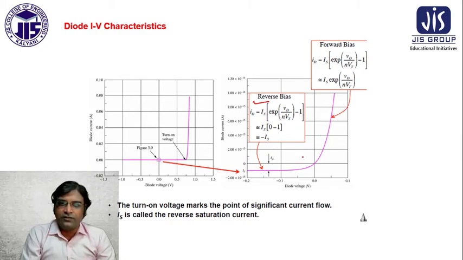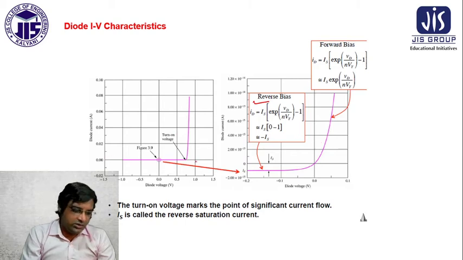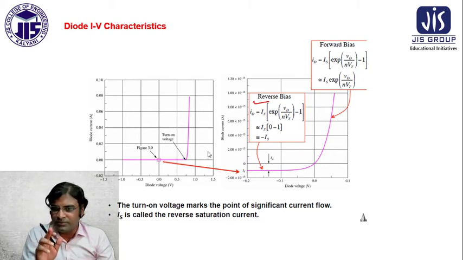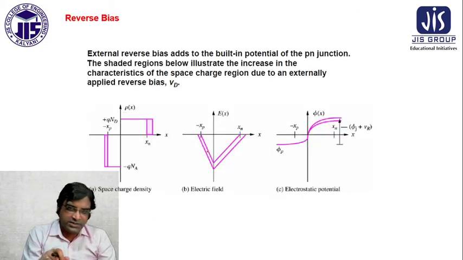This is the diode forward bias path. The VI characteristics of the diode are not too complicated, and you can understand them very easily.